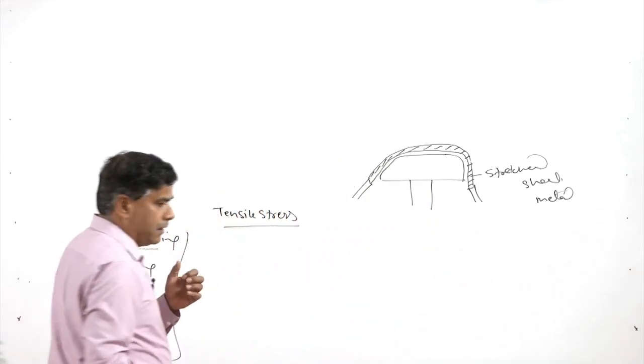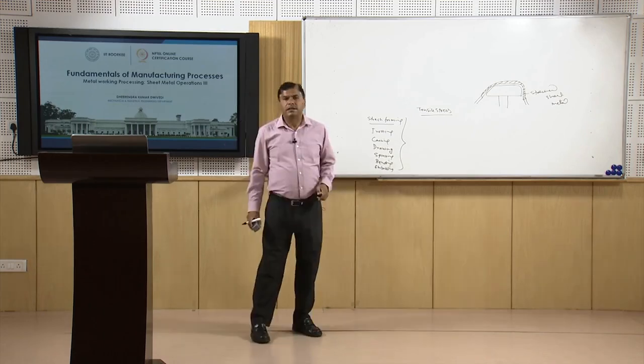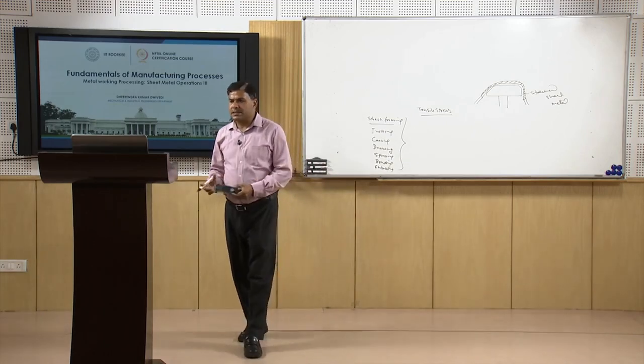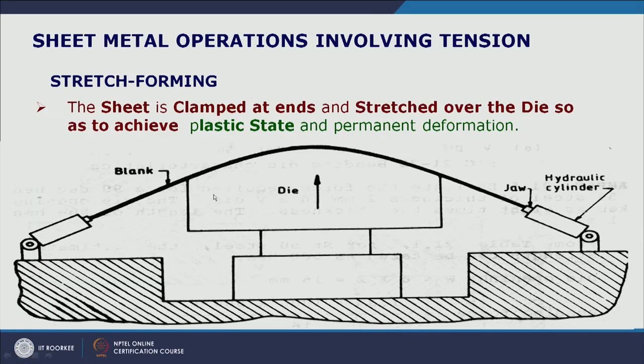The suitable contour in the sheet metal is produced through the development of tensile stresses. This is the typical figure which shows the form block, or we can say the die, which is pushed against the blank or the sheet metal.